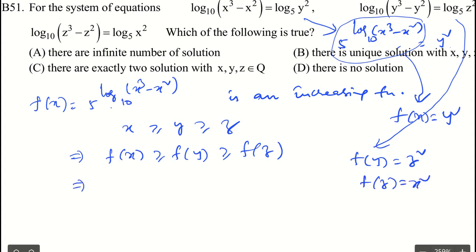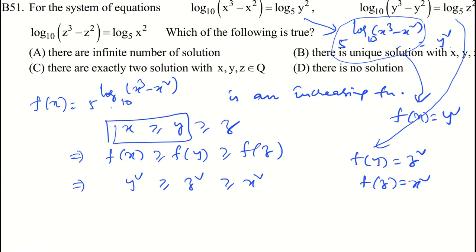So if I use that here, f of x is y square, greater than or equal to f of y, that is z square, greater than or equal to f of z, which is x square. But we know that as x is greater than or equal to y, and observe that x is already greater than 1 for the function to be defined, x greater than or equal to y gives me x square greater than or equal to y square.